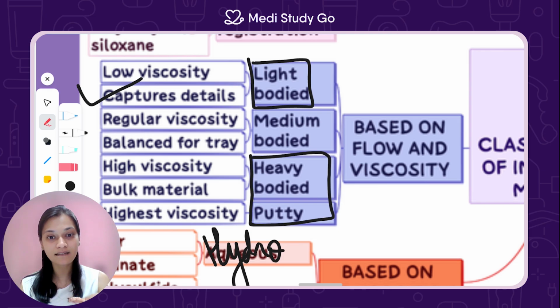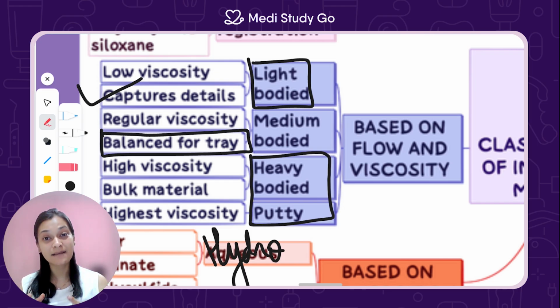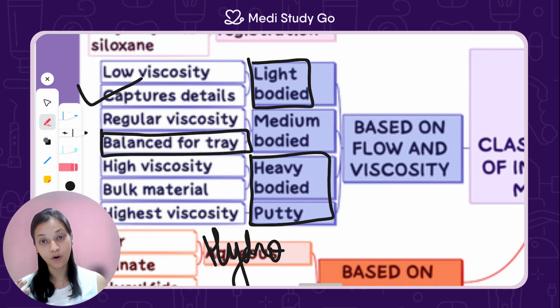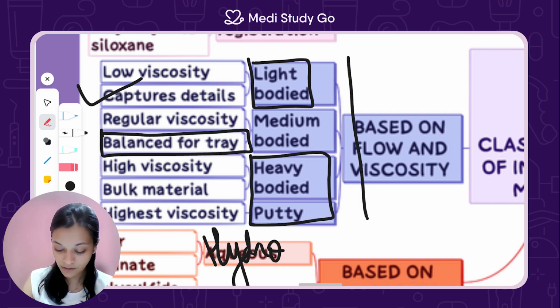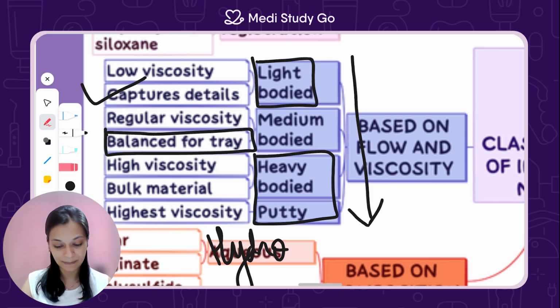So I would want something that will hold it, right? And that role will be played by your heavy body and putty. Moving on to medium. So it's in between, okay? It's the regular viscosity and that will be balanced for the tray. At times, you would have different clinical scenarios that will actually govern if you go and use your light body, medium body, heavy or putty. So the viscosity increases as we go from light to putty.